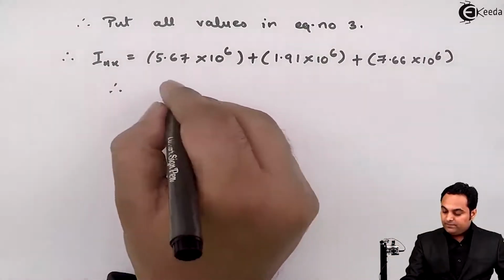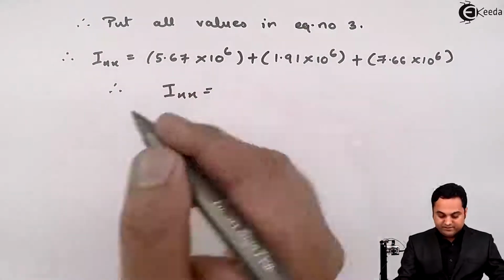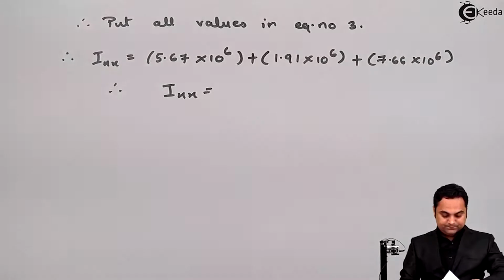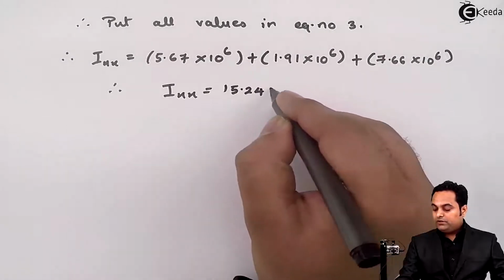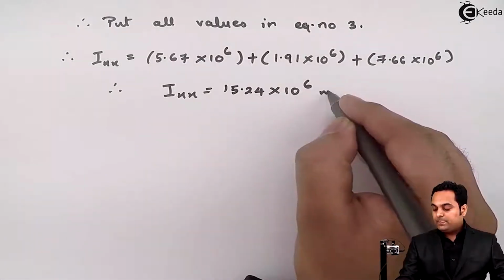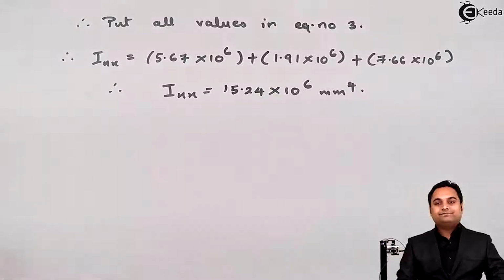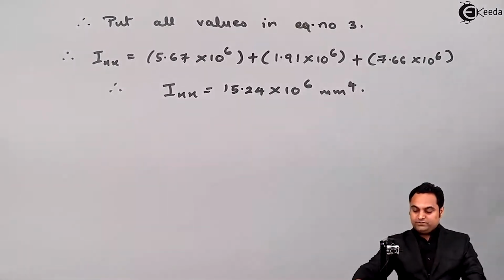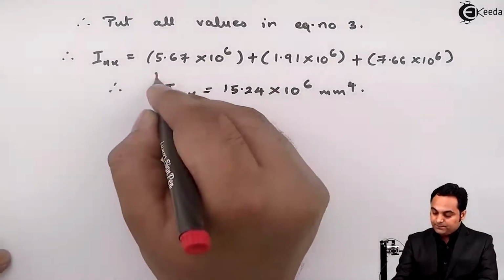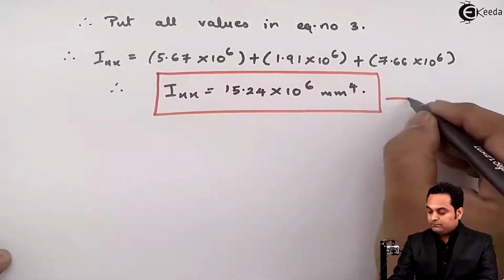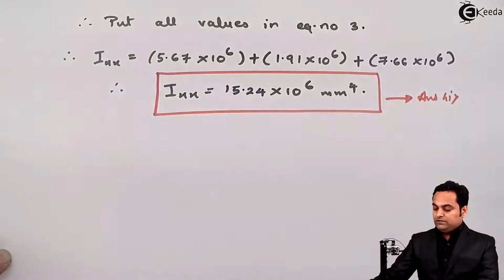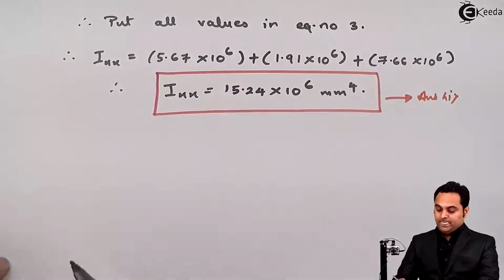So after adding them, I'll get my answer of Ixx, which is 15.24 into 10 raised to 6 mm raised to 4. So here is our first answer. That is, we have found out Ixx.